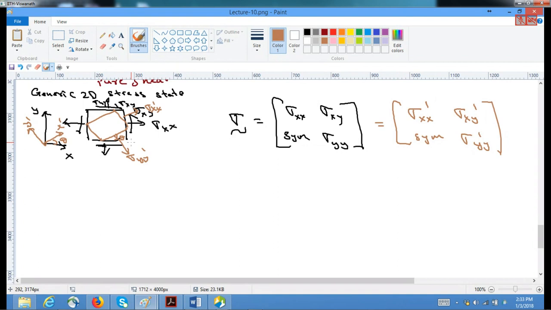Depending upon the orientation of the box or the control volume, or element, the rotation of the element will dictate how this looks. Going from this state to this state is called stress transformation.